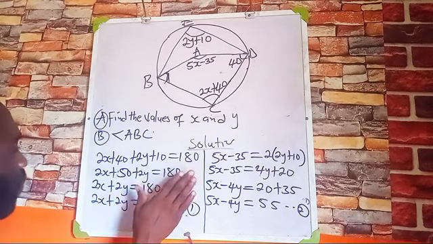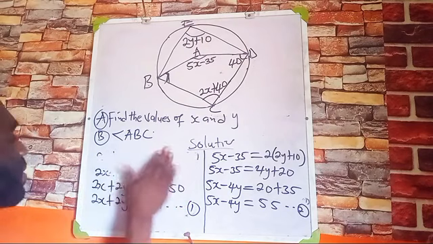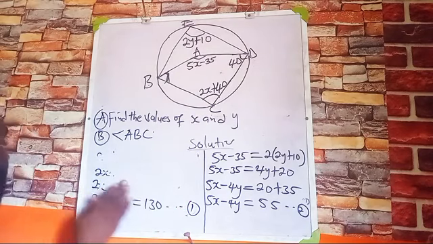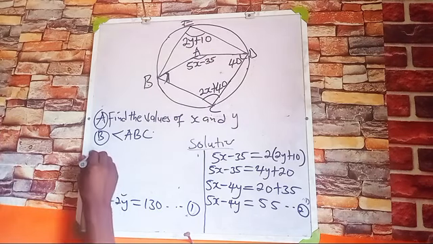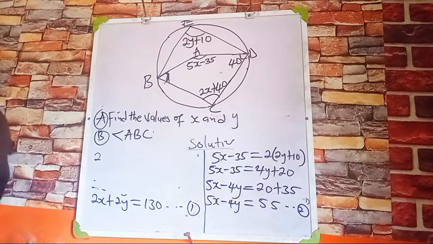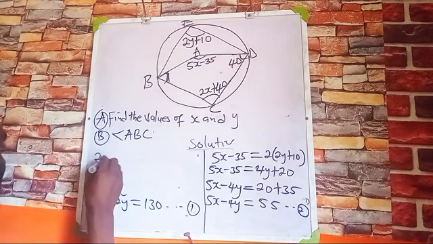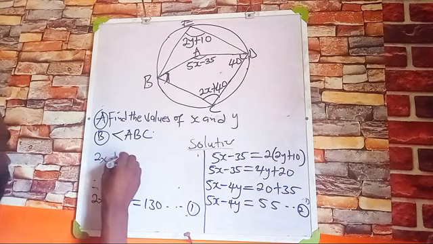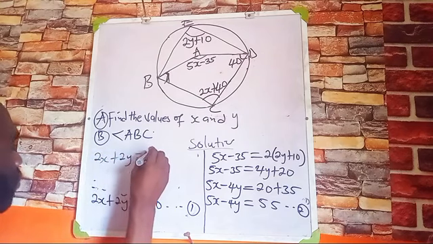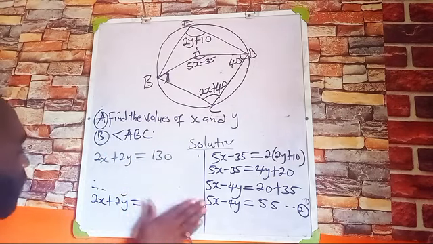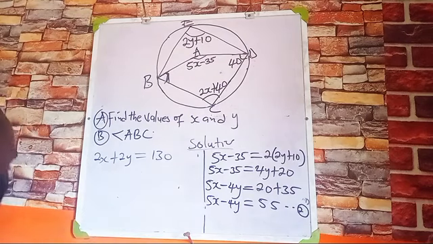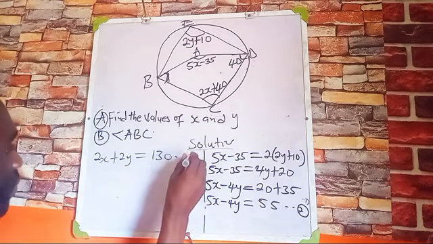So with that, our first equation, which is 2x plus 2y is equal to 130. That is our first equation, equation 1.